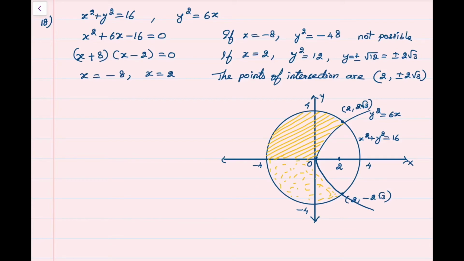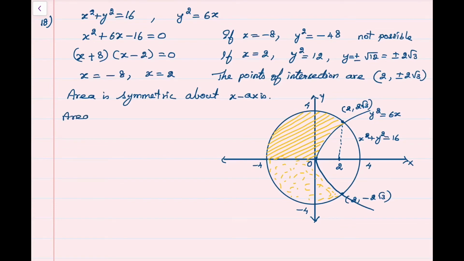Draw the limit line. Area is symmetric about x-axis. So we will find one area and multiply it by 2.